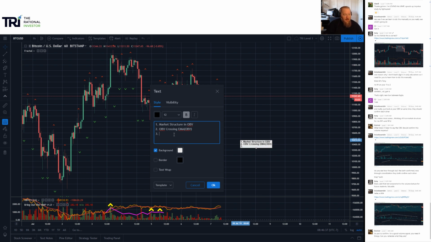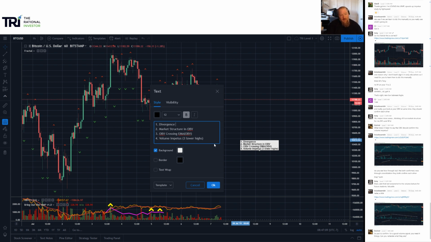Then we need the volume impetus, which is the 3 lower highs. That gives us our volume indication. And ideally, I guess I should put this as 1, 2, 3, 4.